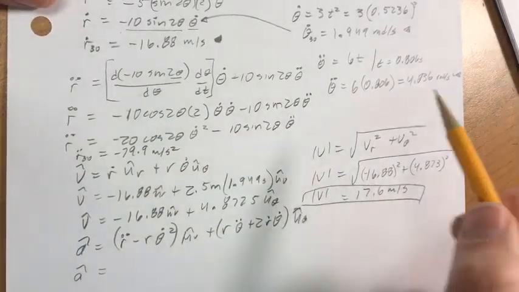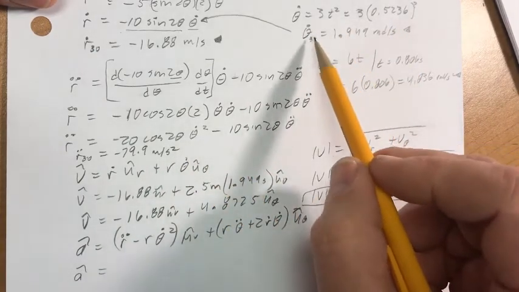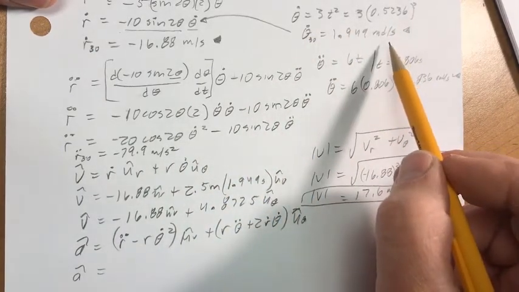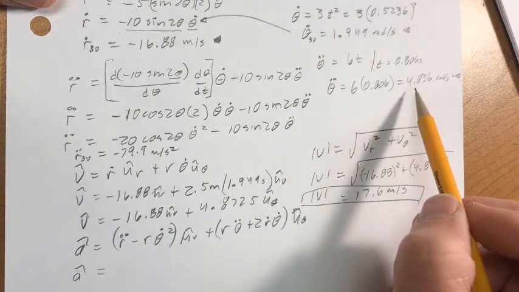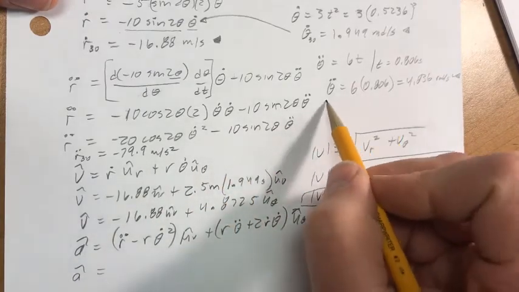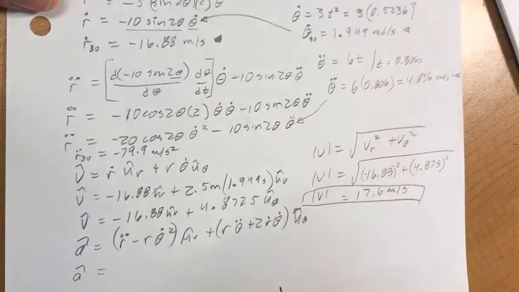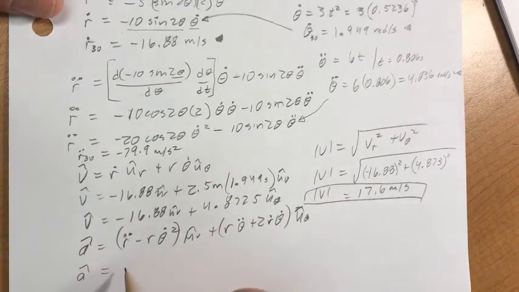All right, so we're going to plug in 30 degrees for theta, 1.949 for theta dot, and for theta dot dot, we're going to plug in 4.836 into this equation and find r dot dot.